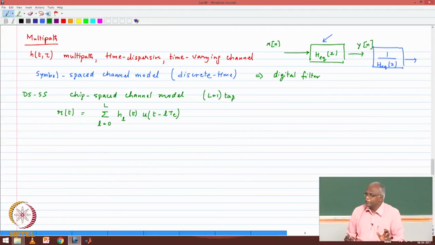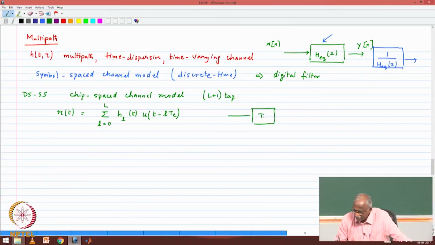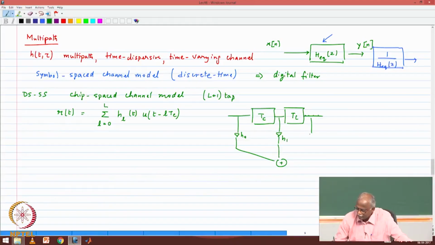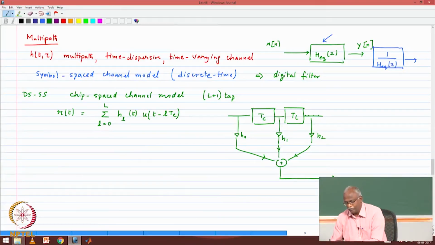So in other words, you are representing your channel as delays of Tc. The first one is H sub 0, the second one is H sub 1, this is H sub 2, and so on. This is how your channel is getting represented, and all of these add together. That's your multipath channel, and this is your output, which is the time dispersed r of t. And of course you have to add noise to this.